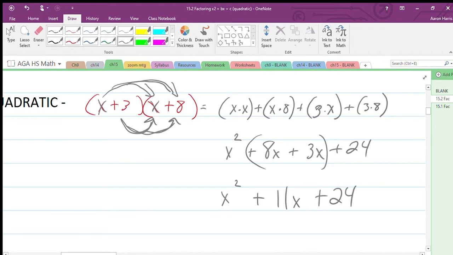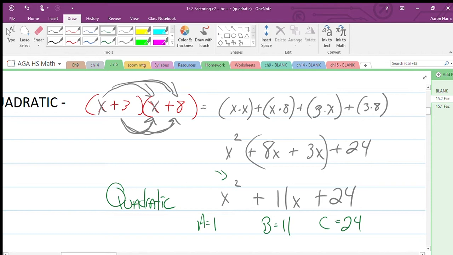What is the highest degree? That's right, it's 2. So this is a quadratic. And as you can see, I know that a is equal to 1, b is equal to 11, c is equal to 24. But instead of writing it in that format, which is the standard form, I can write it as the product of two binomials.